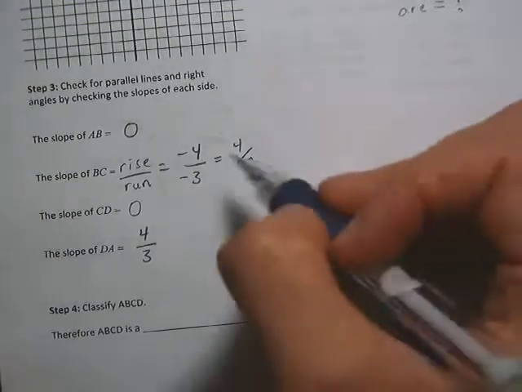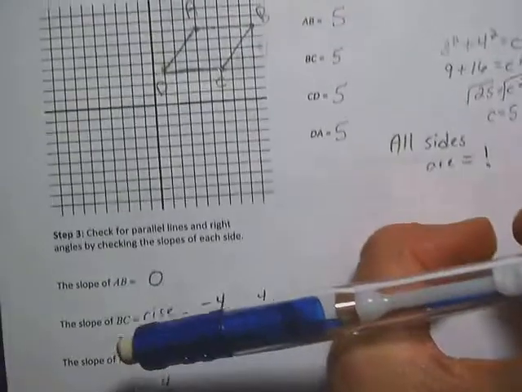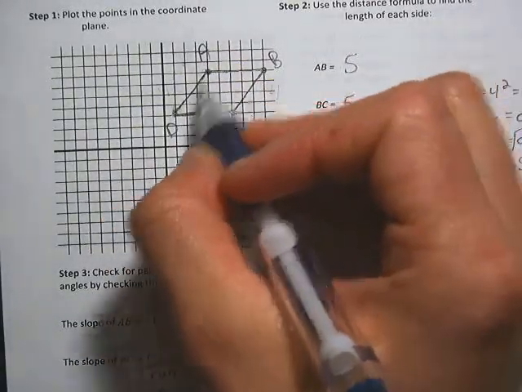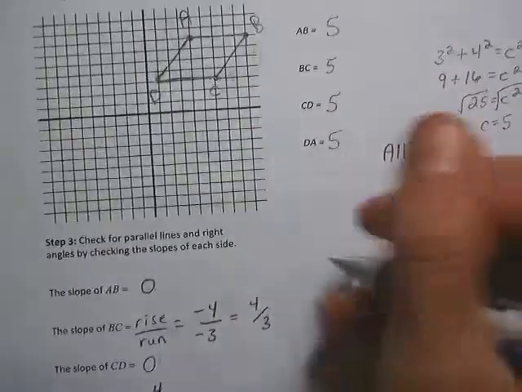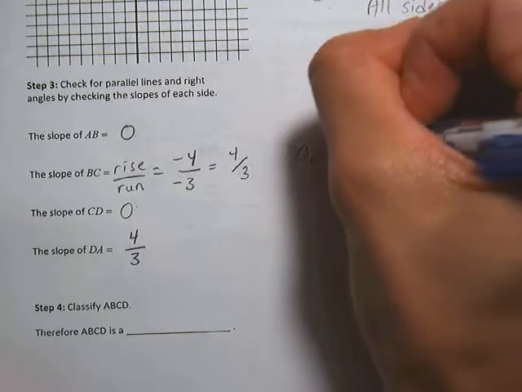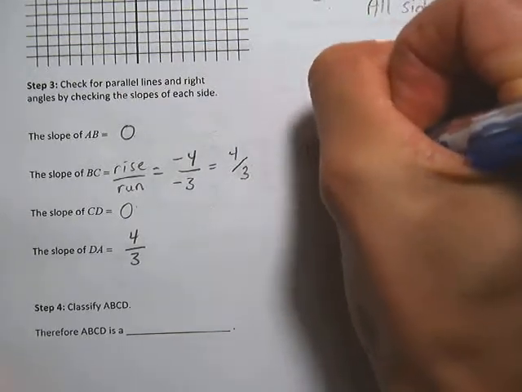And so look at your opposite sides. Do they have the same slope? So these two have a slope of 0. Those two both have a slope of 4/3. So your opposite sides have the same slope, which means that the opposite sides are parallel.